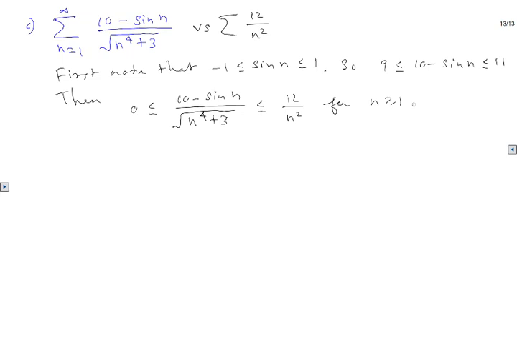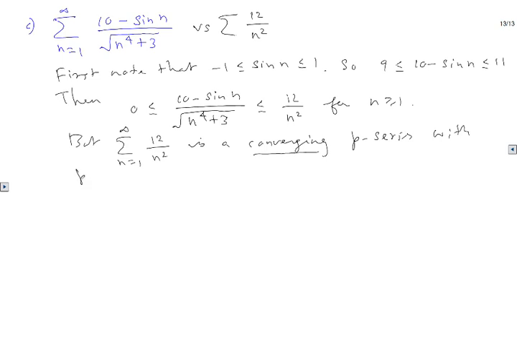Okay, so we have everything we need, but we know that the second series converges. Sigma n going from 1 to infinity, 12 over n squared. Even with 12, we still call it a p series because that's a constant. It is a converging p series. This word is important. Converging p series with p equal to 2, which is greater than 1.